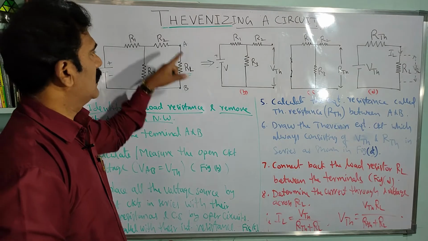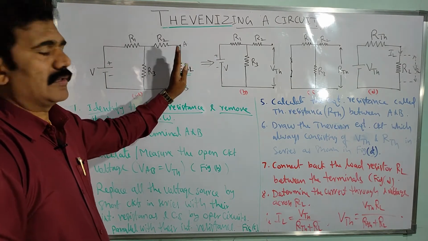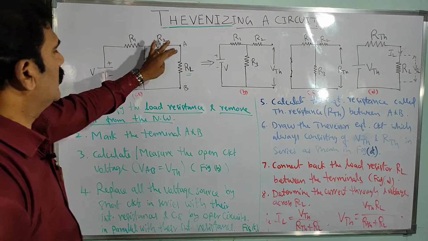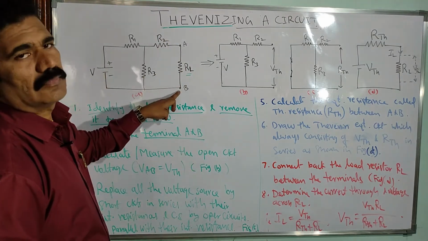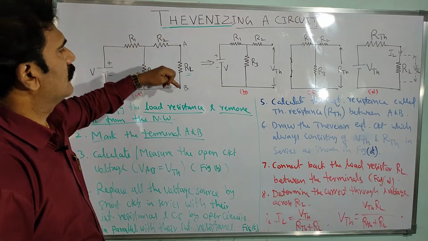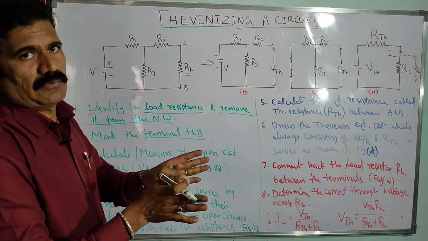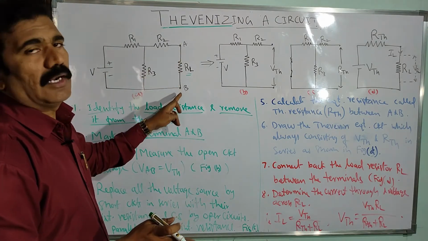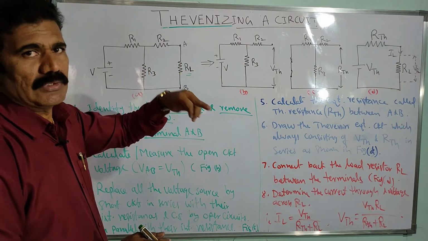The first step is to identify and remove only the load resistor from the given circuit. Then you are left with only terminals A and B. After removing the resistance RL, you will know that the terminals A and B are there to measure the voltage across the given circuit, right? So just identify and mark the terminals A and B where the load resistor was removed.